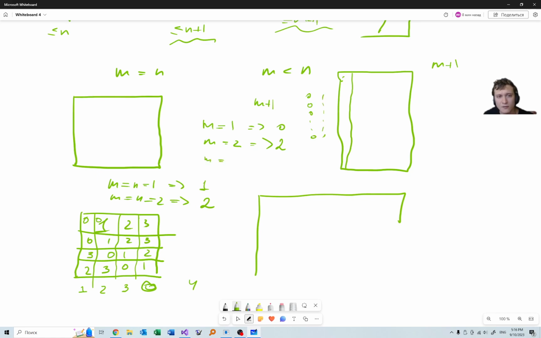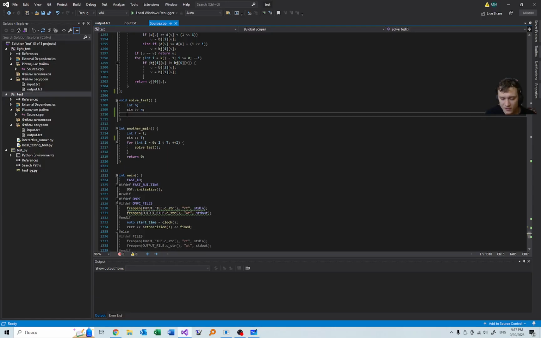Okay, if m equals 3, can I always make 3? And if n is greater? I think if n is greater, it doesn't matter. Yeah, because I just can repeat rows anytime I want. So actually the problem is now easier.